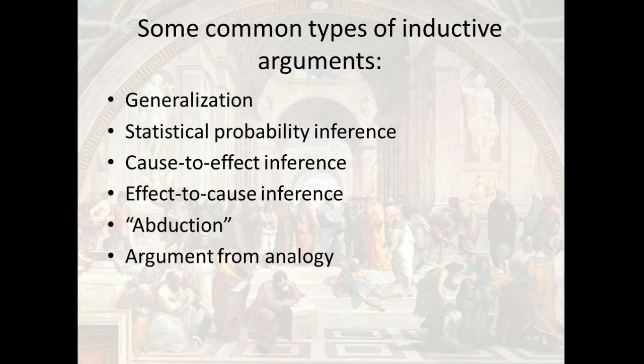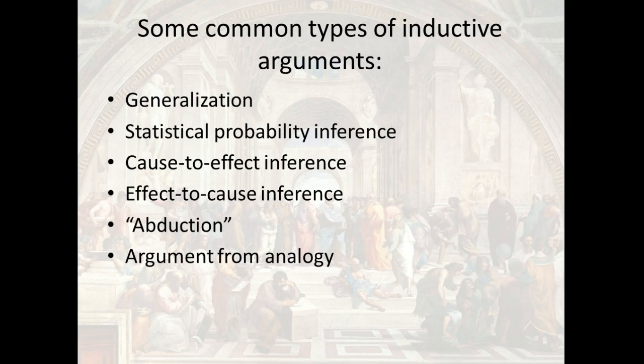Argument from analogy. Now, the way my notes are written just complicates this, or it's the precision that philosophers use in their definitions that takes it out of the common way of speaking. So arguments from analogy, again, we do this all the time.